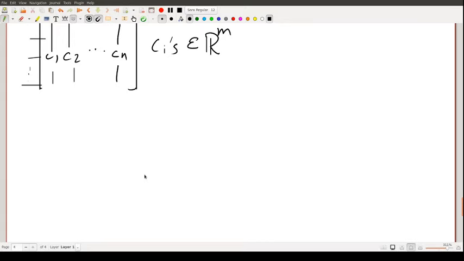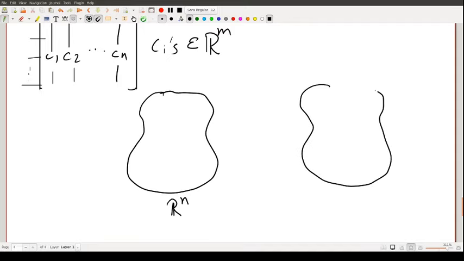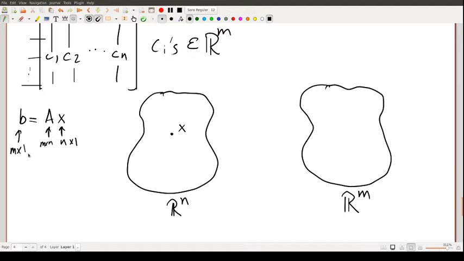If you consider a vector space Rn, and a vector space Rm, let's suppose you're doing Ax equals b. You take a vector x in this space, and multiply it with A. This vector x is n by 1, and A is m by n, which means vector b is going to be m by 1.